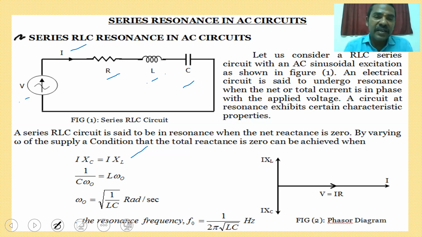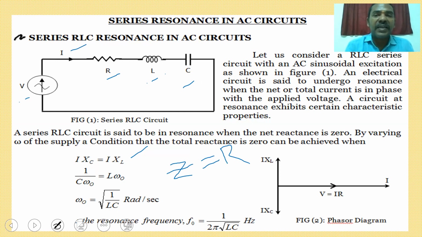Under this condition, the total impedance must be equal to pure resistance only. So the voltage drop across the capacitor is equal to the voltage drop across the inductor. That means I gets cancelled.